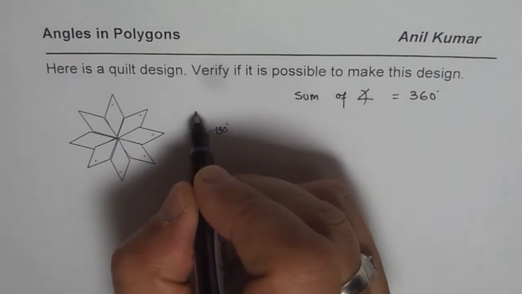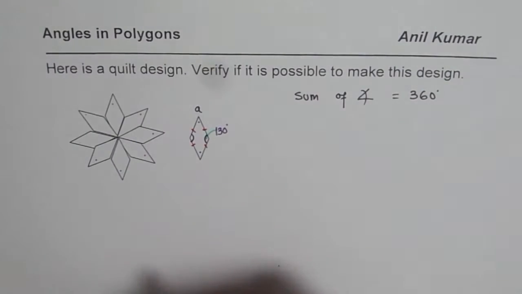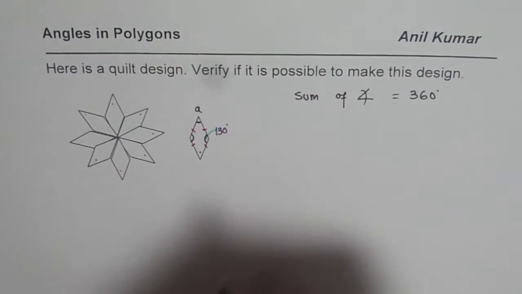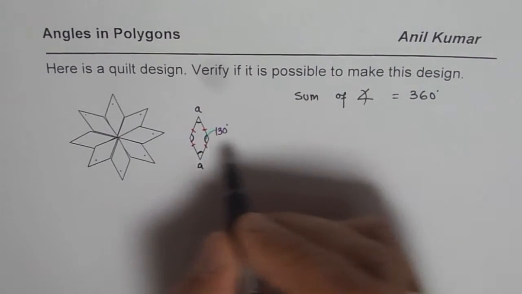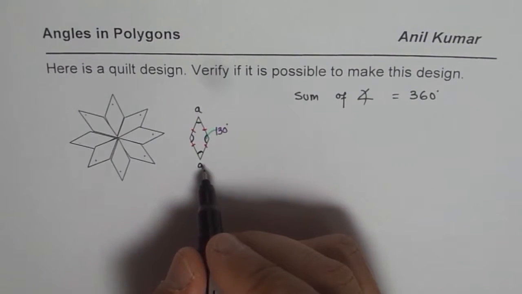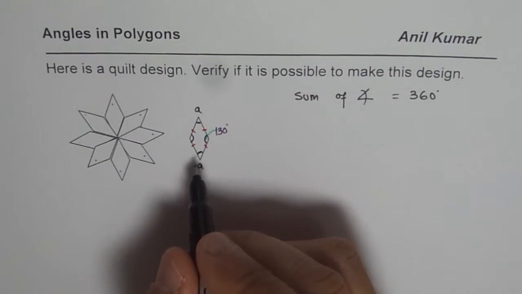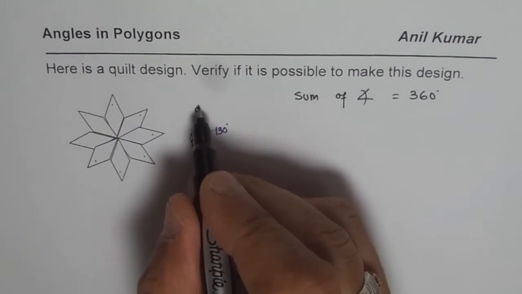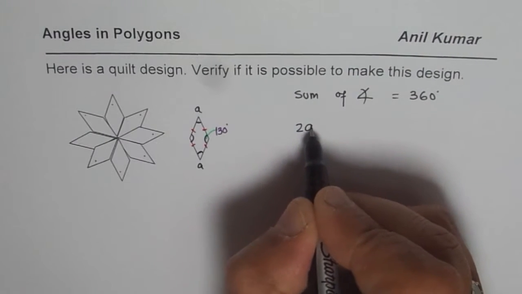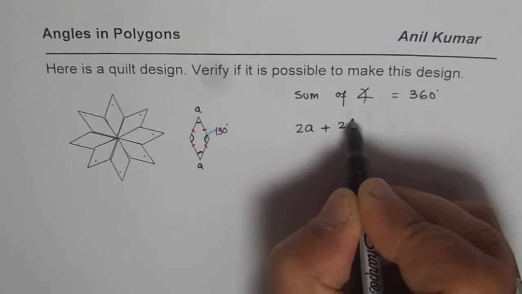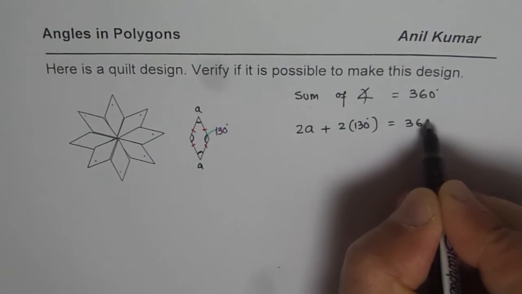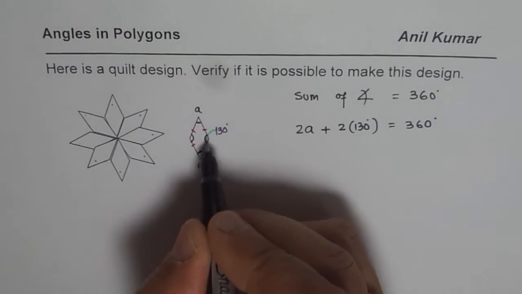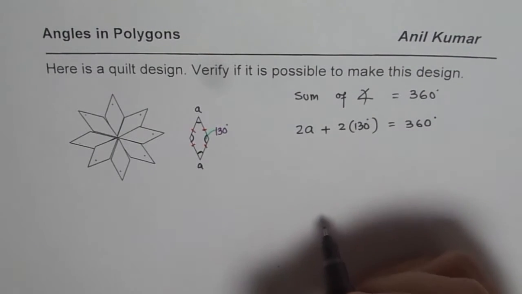So let's call this angle A. In that case, this will also be A. So in this particular figure, 2A plus 2 times 130 degrees should be equal to 360 degrees, correct? Because the sum of these 4 angles is 360 degrees.